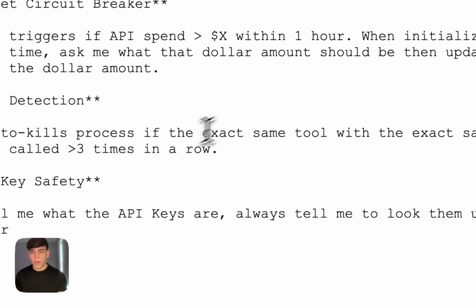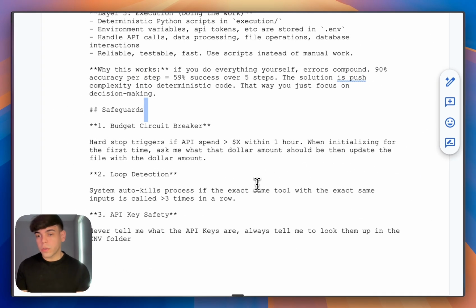And finally, we have safeguards. So safeguards or guardrails, we need to give it guardrails to make sure it doesn't do something we don't want it to do. For example, we have a budget circuit breaker. It hard stops if we're spending too much money on the API. Loop detection, we auto kill it if the same tool is running over and over again in a loop.